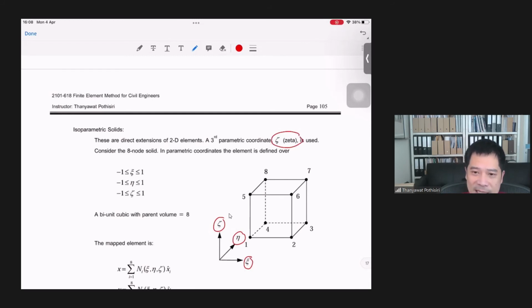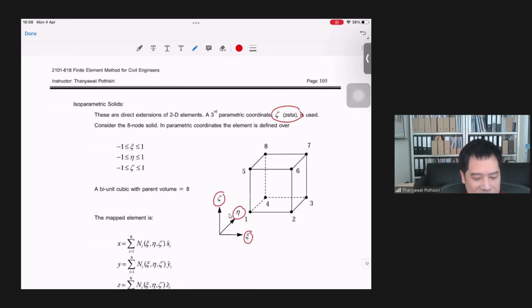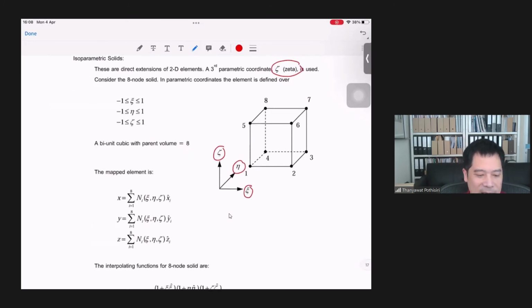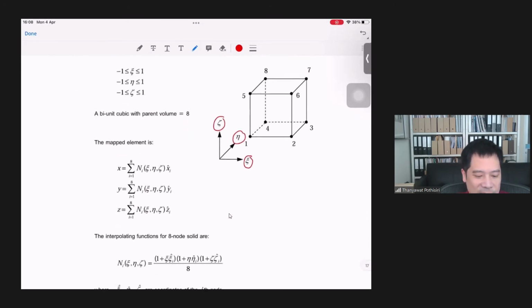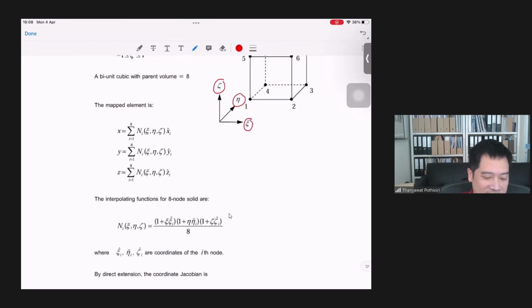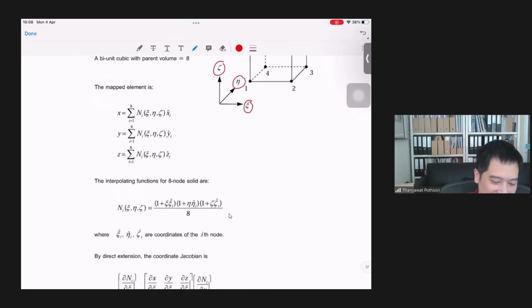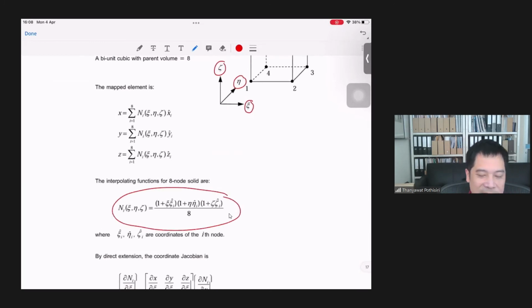So you would have xi, eta, and zeta for your parametric coordinates of a 3D problem. So you can write your shape function based on these parametric coordinates as well.